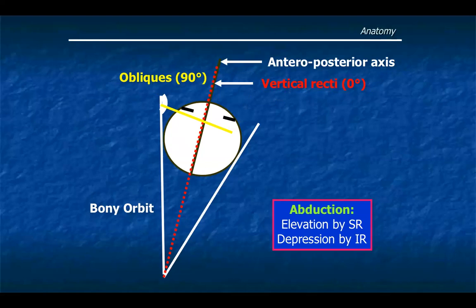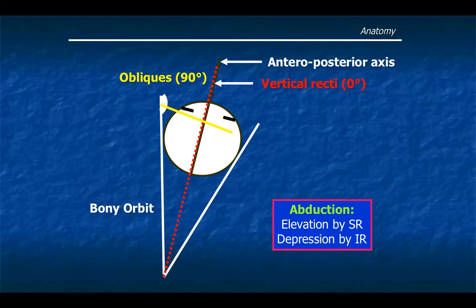And on the other hand, the angle between the obliques and the visual axis is now 51 plus 23 degrees, so 74, almost perpendicular to the visual axis. In this position, the obliques cannot elevate or depress the eye. They can just do the abduction and the torsion.